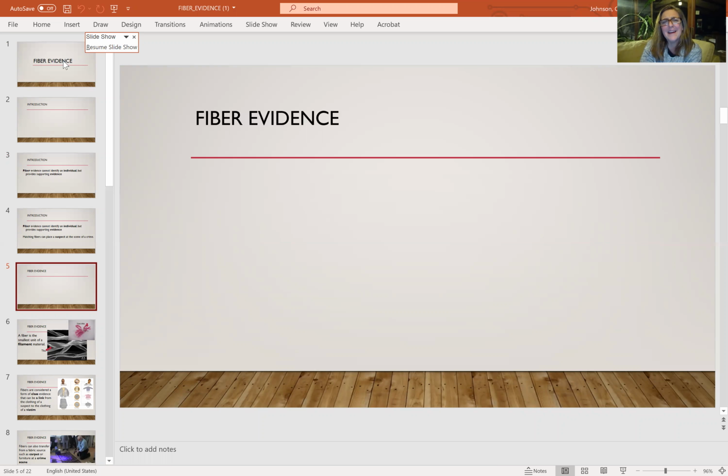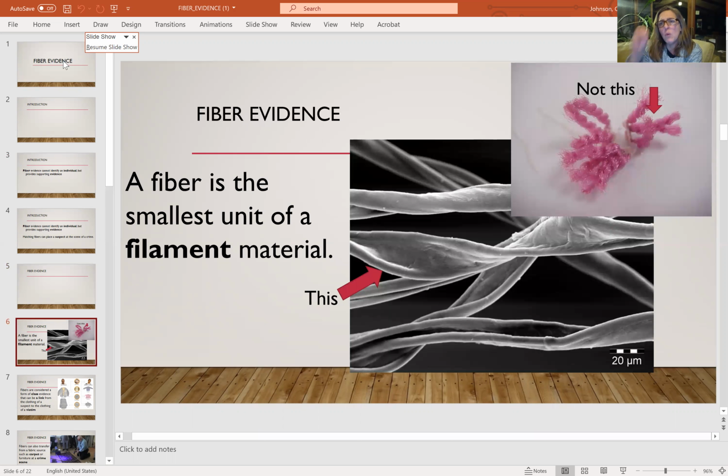Before we look at that anymore, let's take a look at what exactly is a fiber. If you look in the upper right-hand corner, fiber is not that entire chunk of pink yarn. Instead, the fiber is one tiny little fuzz sticking off of that pink strand of yarn.